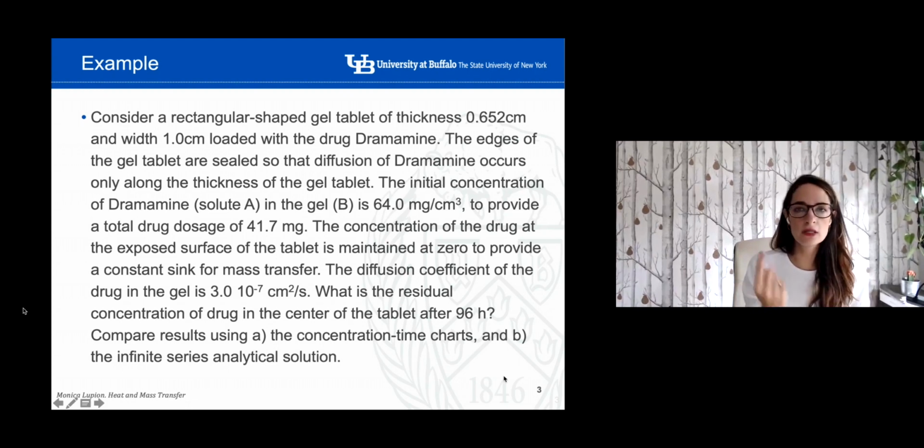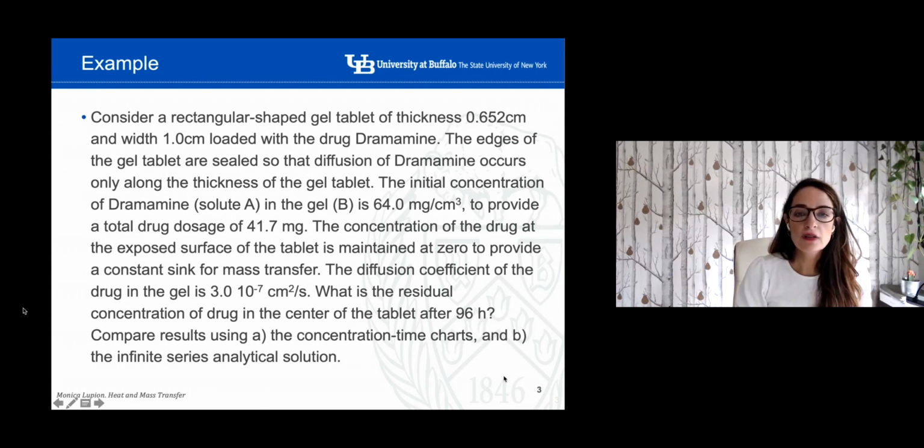So we can consider just one dimension, okay, and we can forget about the edges. The initial concentration of Dramamine, which is the solute A, in the gel, which is B, is 64.0 milligrams per cubic centimeter, to provide a total drug dosage of 41.7 milligrams.